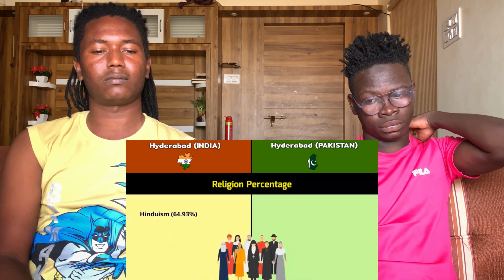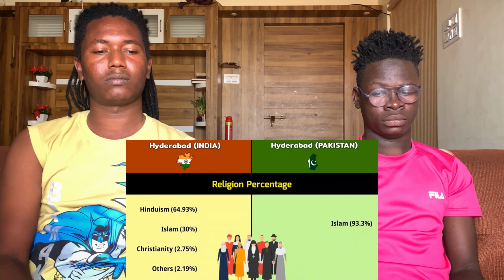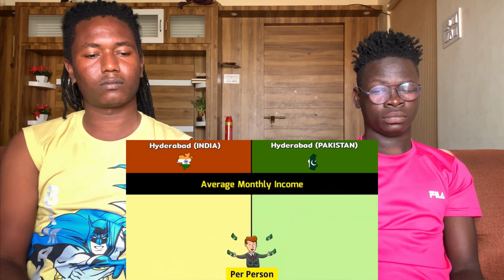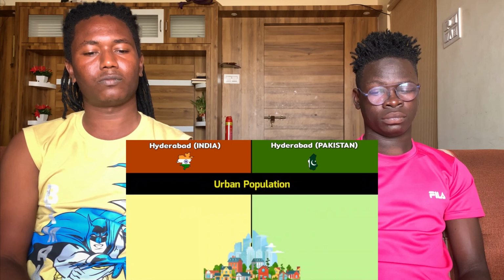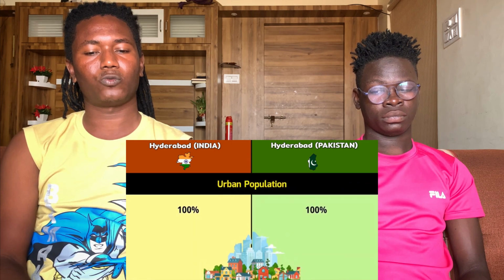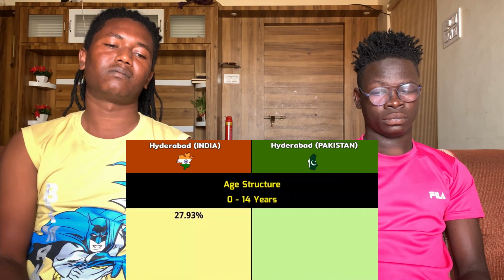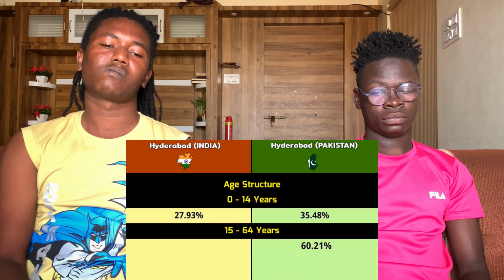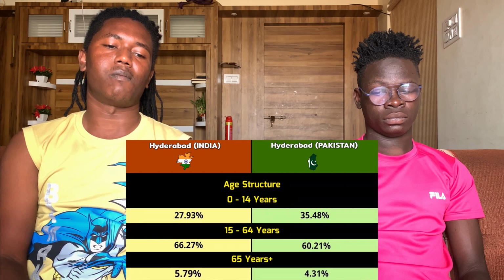Religion percentage: Hinduism dominates Indian Hyderabad, followed by Islam and others. Islam dominates Pakistan Hyderabad, followed by Hinduism and others. Average monthly income $166, $662. Urban population, both are 100%. Age structure: 0 to 14 years 27.93%, 35.48%; 15 to 64 years 60.21%, 66.27%; more than 65 years 4.31%, 5.79%.